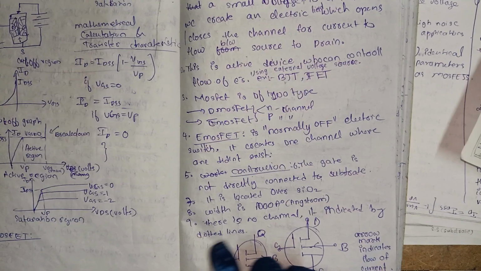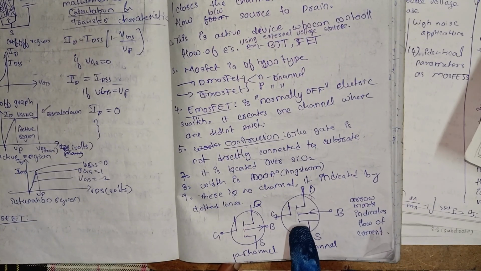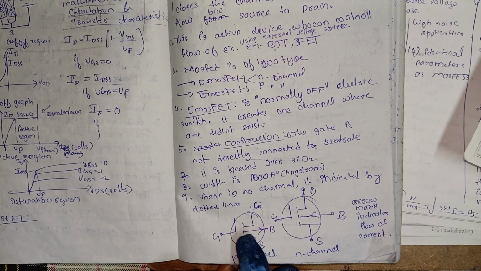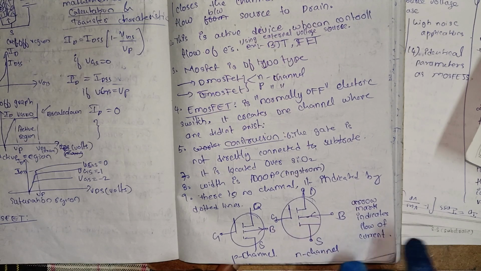In the E MOSFET circuit representation, there is no channel, so it is indicated by dotted lines, and the arrow mark indicates the current flow.